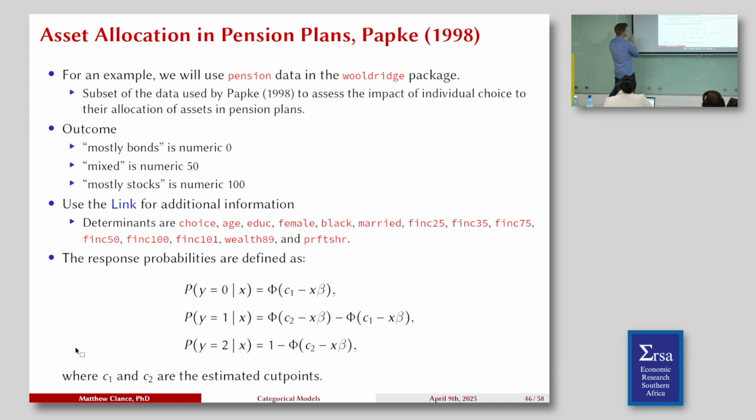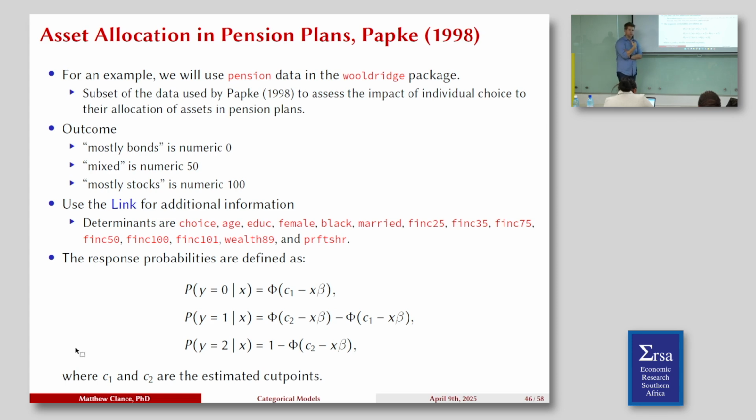But the outcome in this case should be considered in some ways a way of agreeing upon, if I have individual choice, how should it affect my allocation of assets?